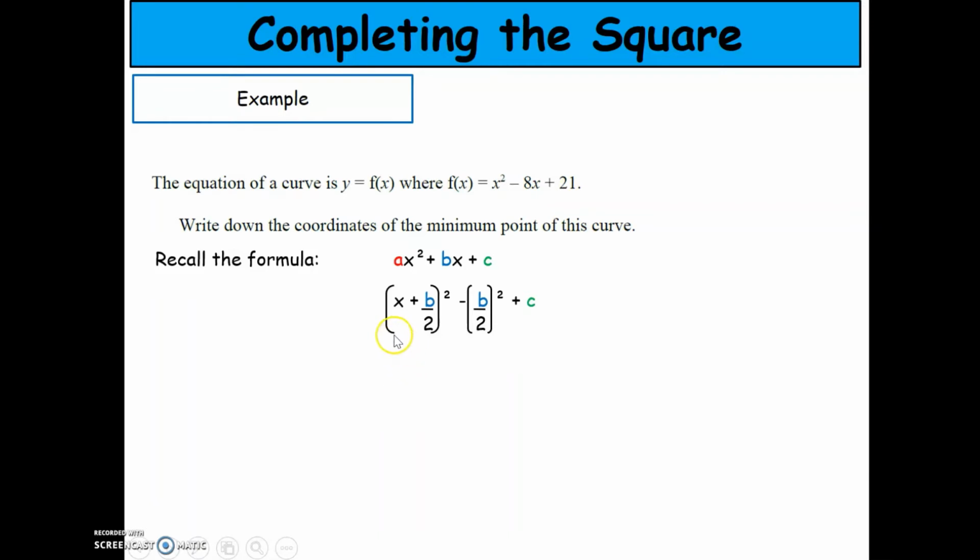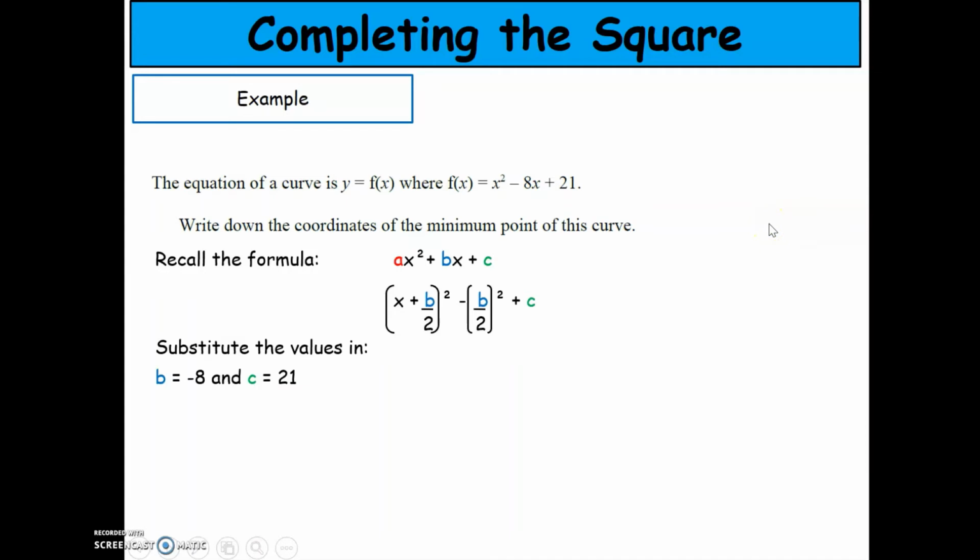I'm going to use the formula again and identify the coefficients a, b, and c. In this case, a is equal to 1, b is minus 8, and c is 21.